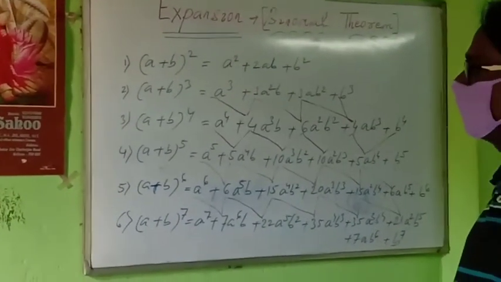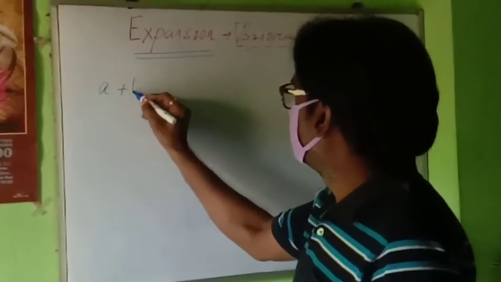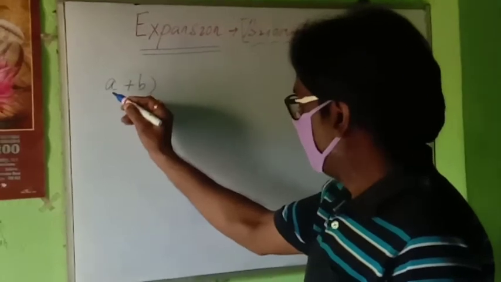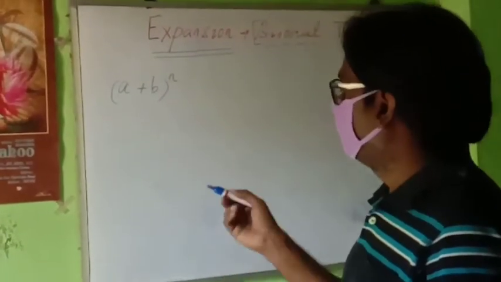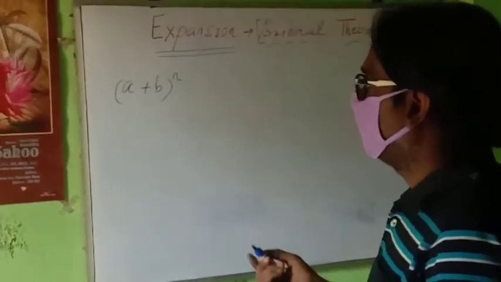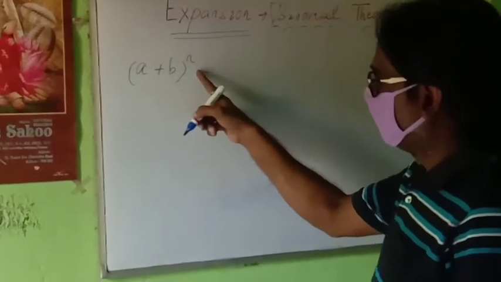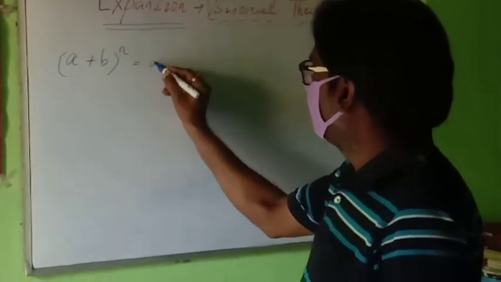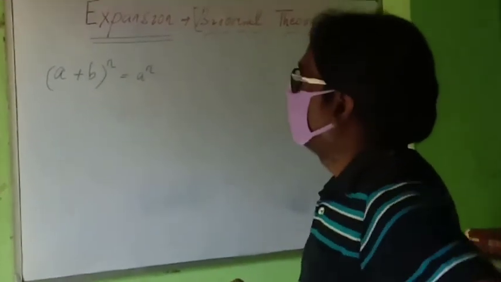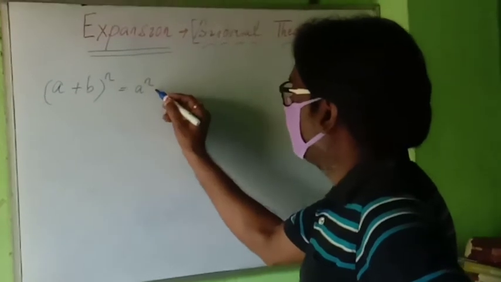Next we will complete the next one. I am writing the main formula of the binomial theorem. a plus b may be any power. Up to 7, 8, 10 we can use the normal method that I discussed before. Suppose a plus b whole to the power n is given. Then this will be a to the power n, no doubt. The first term is a to the power n, b to the power 0 does not need to be written.